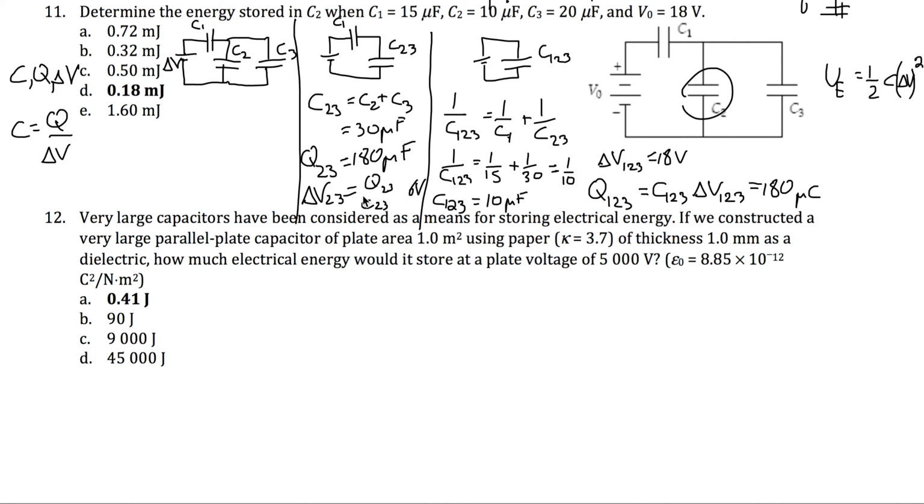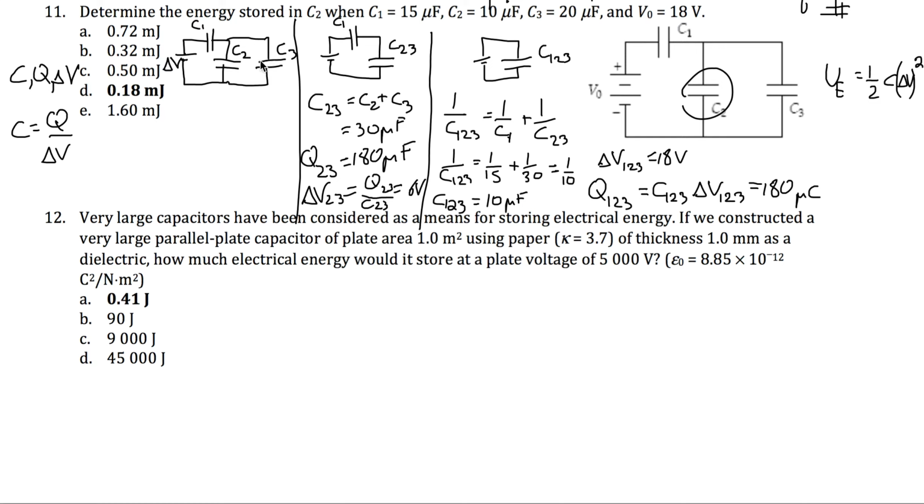So you can see that we really could not say that it was 18. It's only 6 across this one. And now when we go back one more time, number 2 and 3 were in parallel to get C23. When capacitors are in parallel, the voltage across them is the same.